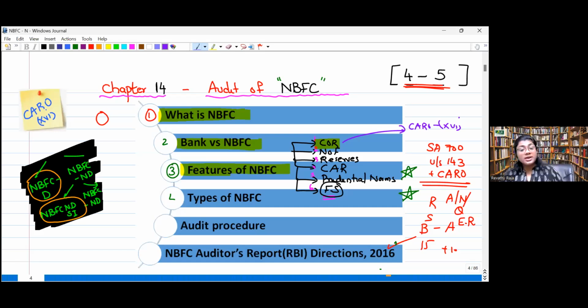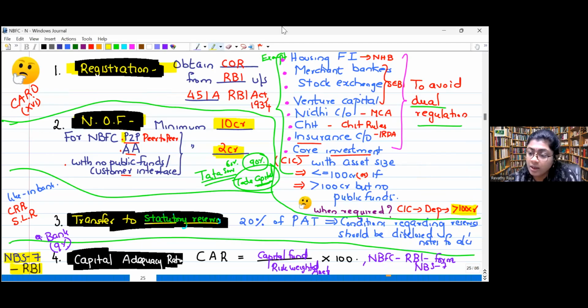Now, there are certain NBFCs which are not required to obtain COR, like Nidhi Company, Housing Finance, Merchant Banker, all those. Why? Because to avoid dual regulation.